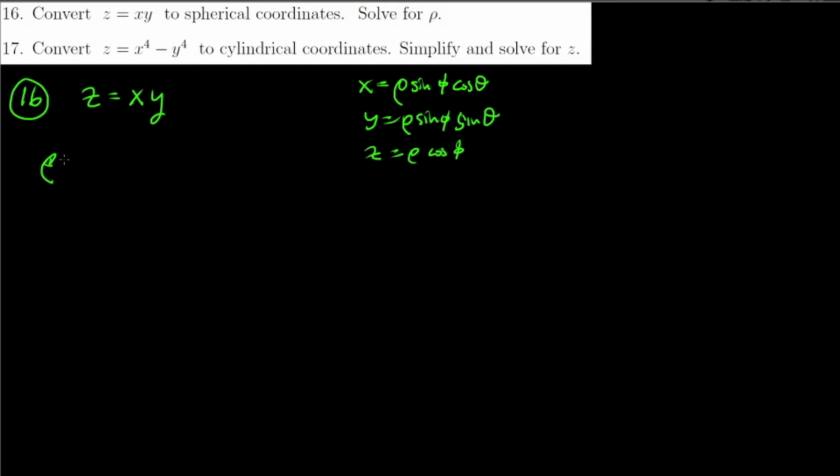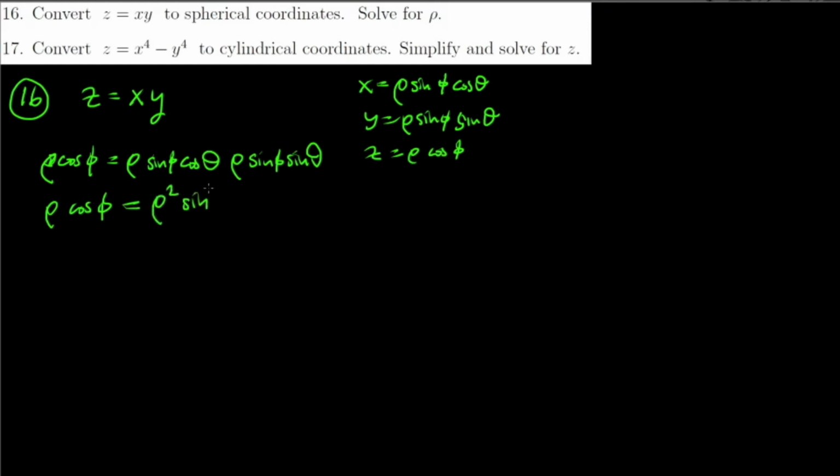So z is rho cosine phi, x is rho sine phi cosine theta, and y is rho sine phi sine theta. So on the left, we can leave that alone. On the right, we get rho squared, and then sine squared phi cosine theta sine theta.